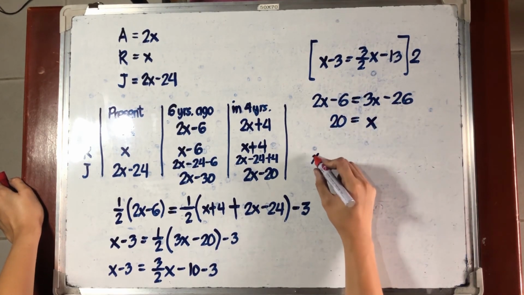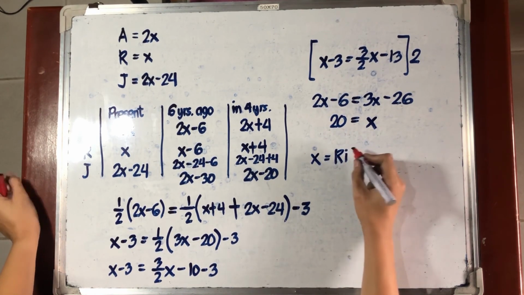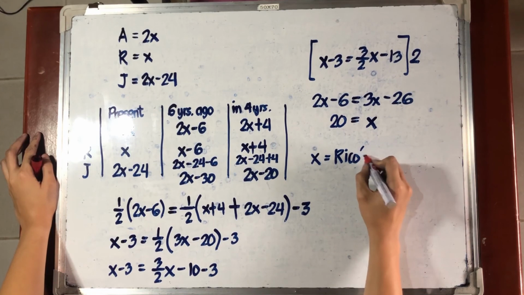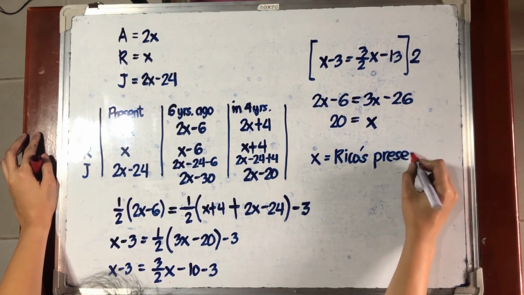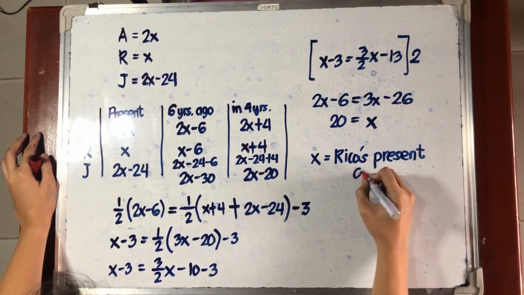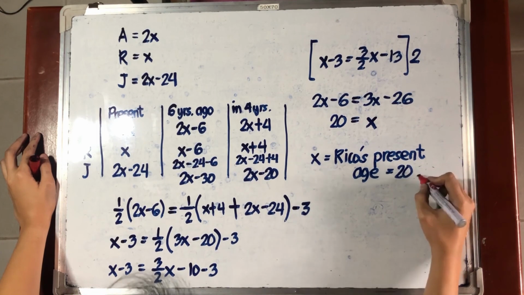So, X is equal to Rico's age, right? From our designation here. Rico's present age. Okay, and that is 20 years old.